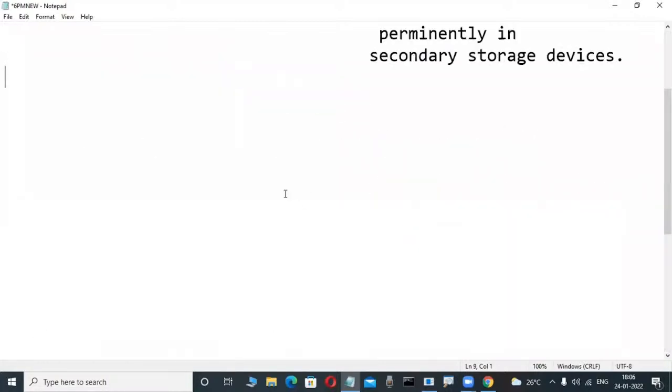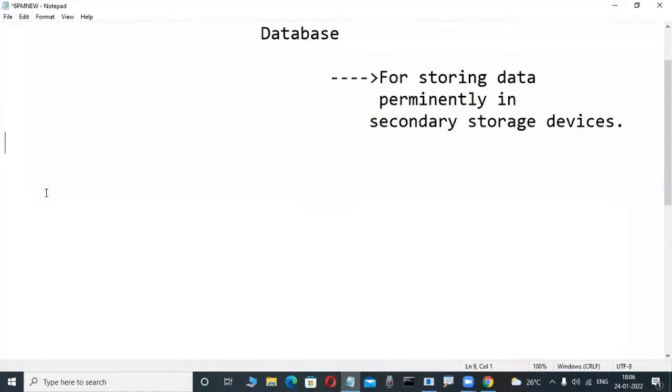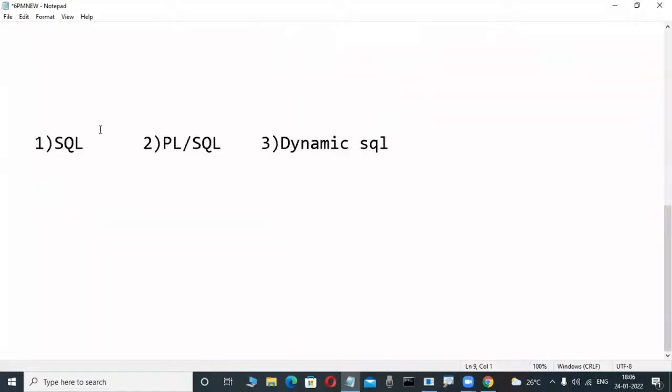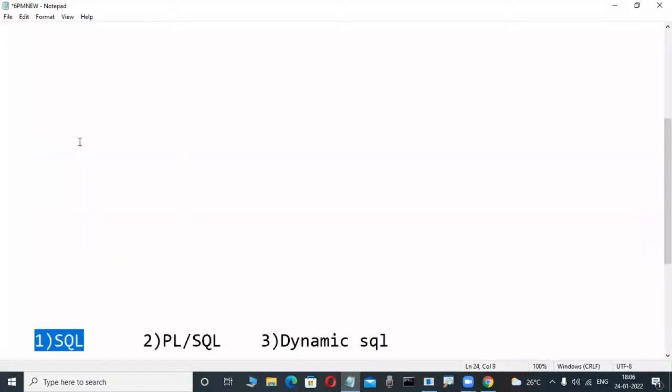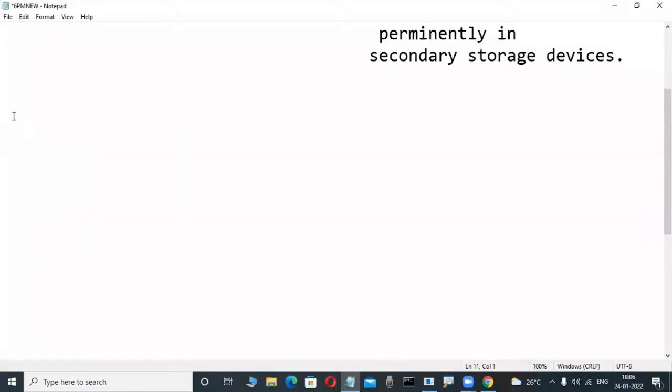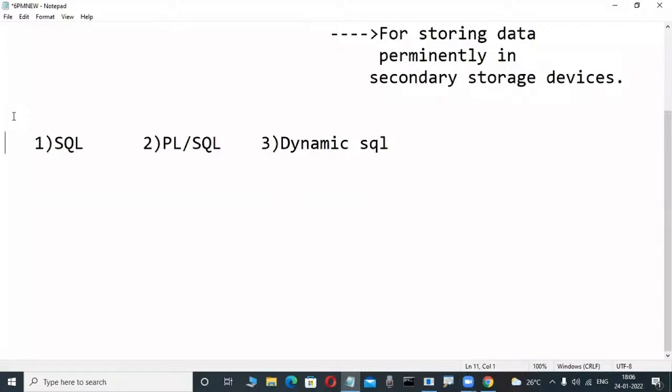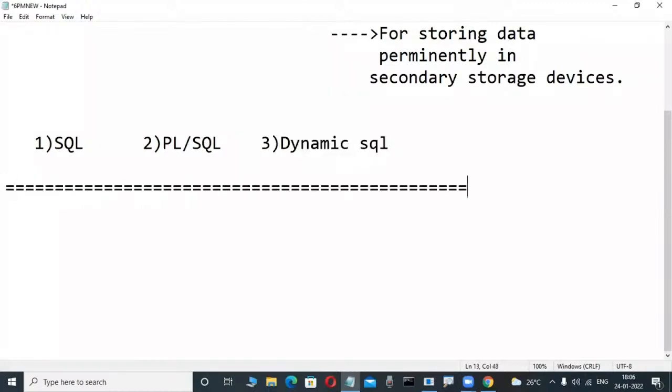Oracle, SQL Server, DB2, Sybase, MySQL, all these databases are implemented based on the relational data model concept. For operating Oracle, we use 3 languages: one is SQL, another is PL/SQL, another is dynamic SQL. Up to this, we learned in previous classes.